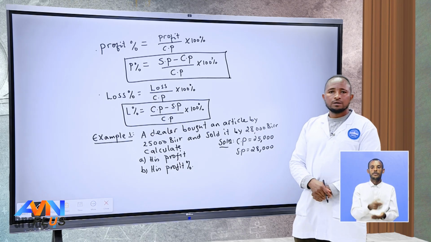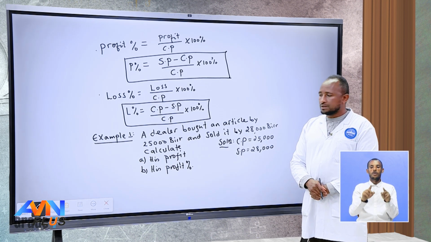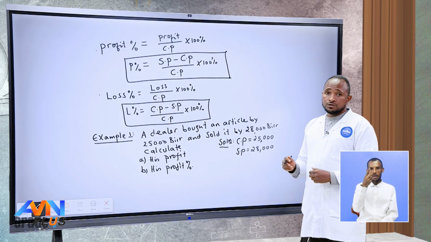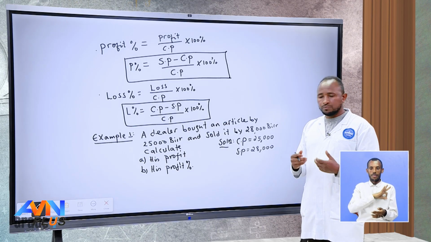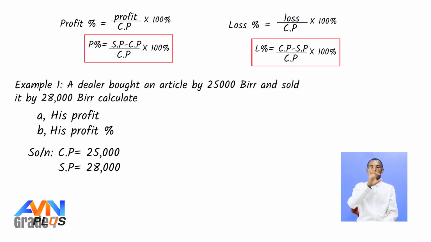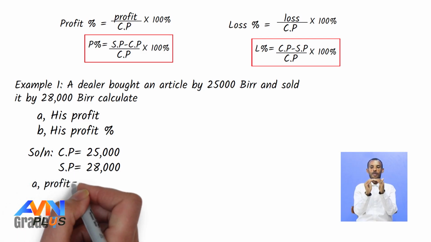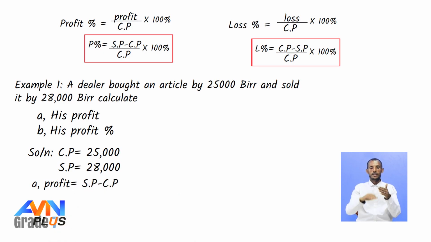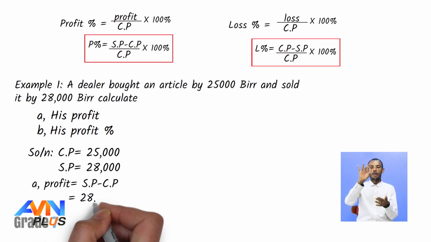Now, the first question is, we are asked to calculate the profit. As you can see here, he sold more than the cost. Therefore, he has a profit. And the profit is obtained by profit is equal to selling price minus the cost price. Therefore, here selling price is how much? It is 28,000.